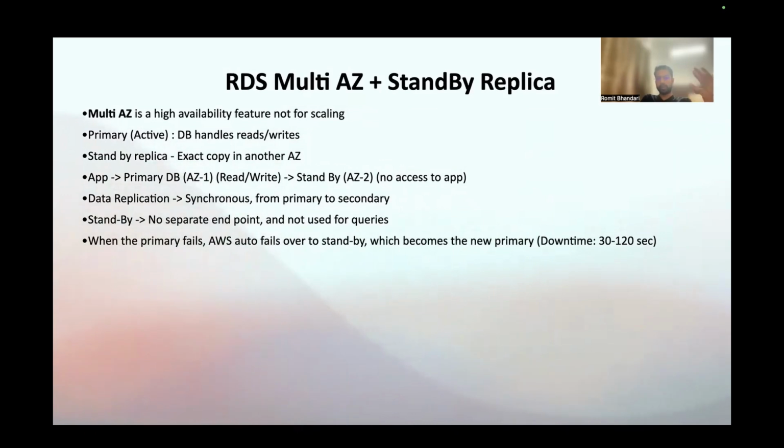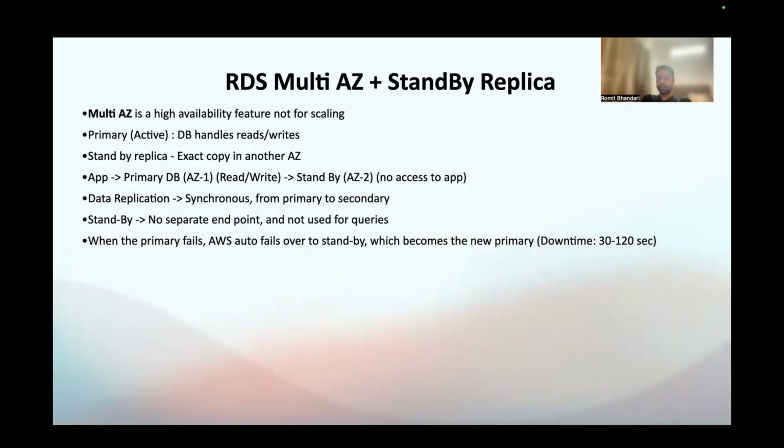When the primary fails, AWS auto fails over, which means it automatically switches to the standby, which then becomes the new primary. So you would have a downtime of 30 to 120 seconds if the primary fails. The standby, as the name suggests, is a standby in case the primary fails.